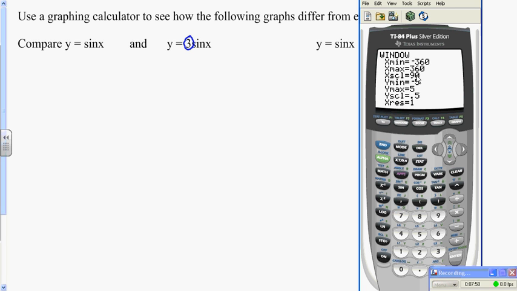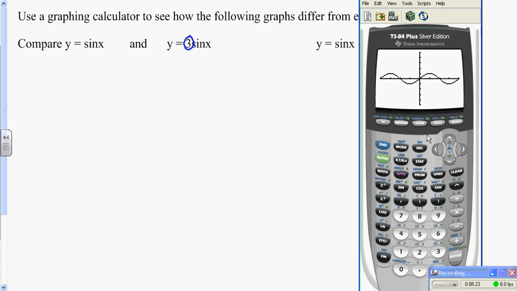My x scale is going to go by 90 degree increments. So every tick mark represents 90 degrees. Now normally it doesn't get bigger than 1 or smaller than -1. Just so I can see it, I'm going to have y max 5, y min -5. And my y scale is 0.5. I'm actually going to change that. I want my y scale just to be 1, make it simpler to look at.